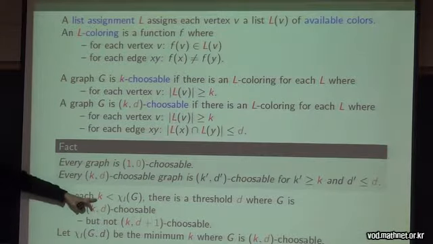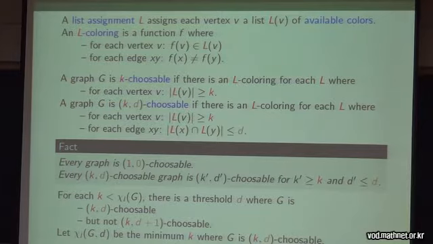But if the number of colors is strictly less than the list chromatic number, we know that every graph is k,0-choosable, and it's not going to be k,k-choosable, since your k is strictly less than the list chromatic number. So there's going to be some threshold where it jumps from being choosable to not choosable. This is the idea: instead of looking at a different graph class, you maintain your graph class, and you look at what type of list assignments allow you to pick an L-coloring.